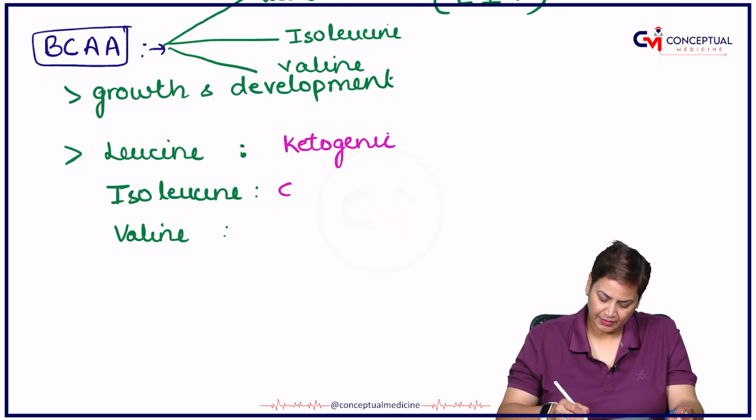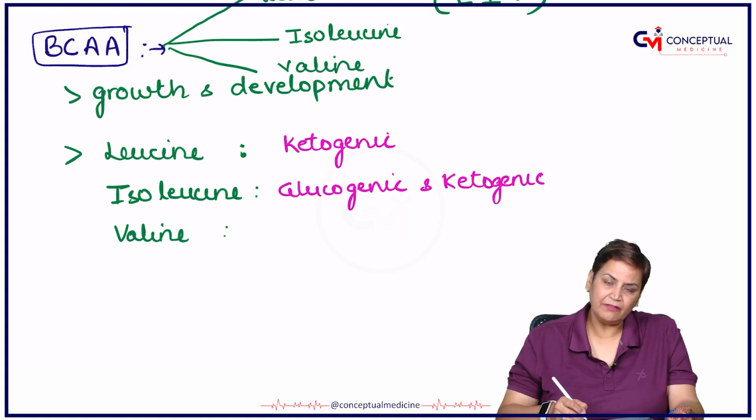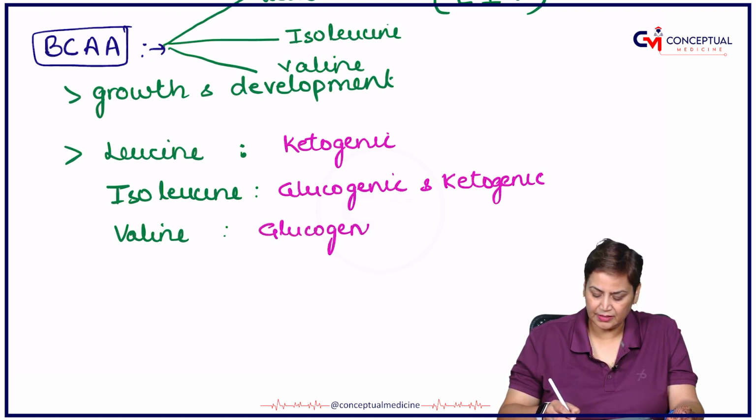Isoleucine is both, meaning glucogenic and ketogenic. And valine is a glucogenic amino acid.